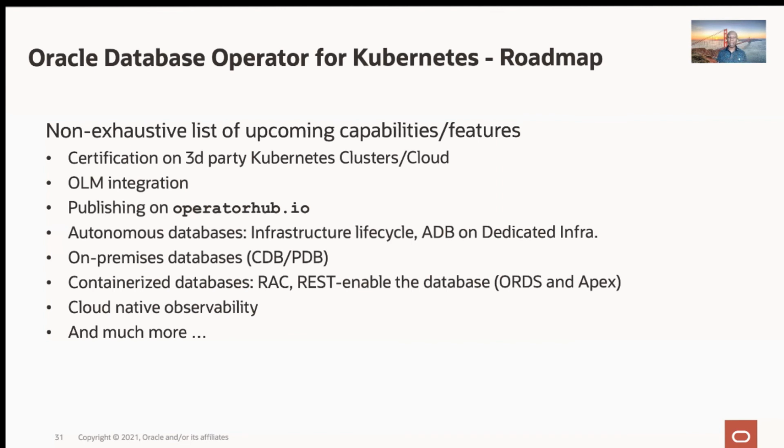And then we will REST enable the containerized databases. For example, provide ORDS, the Oracle REST Data Services, as a mechanism by which we could do SQL over REST against databases deployed in the Kubernetes container.